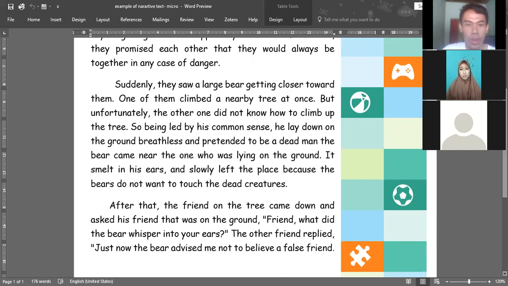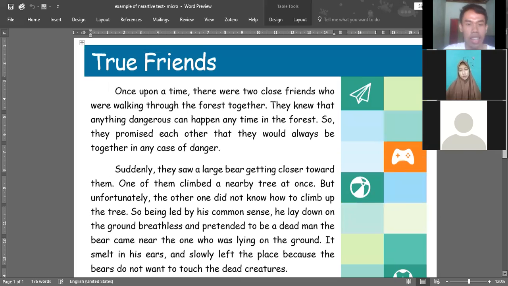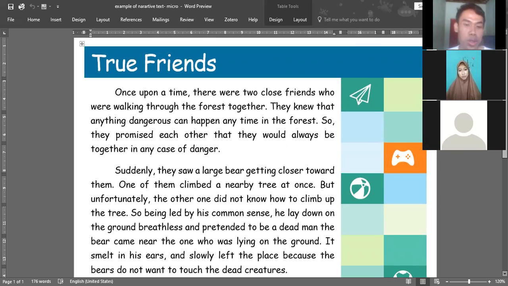Okay, after you read this text, do you know where the resolution, complication, and orientation are? At first is orientation. Repeat, do you know the orientation in every text? I think in the first paragraph. Okay, that's correct.